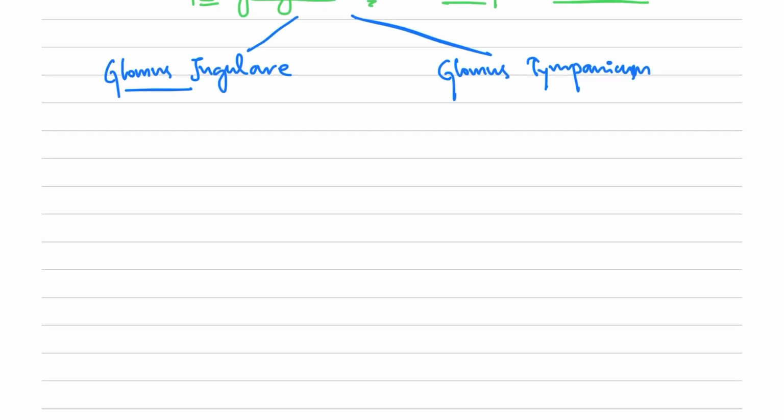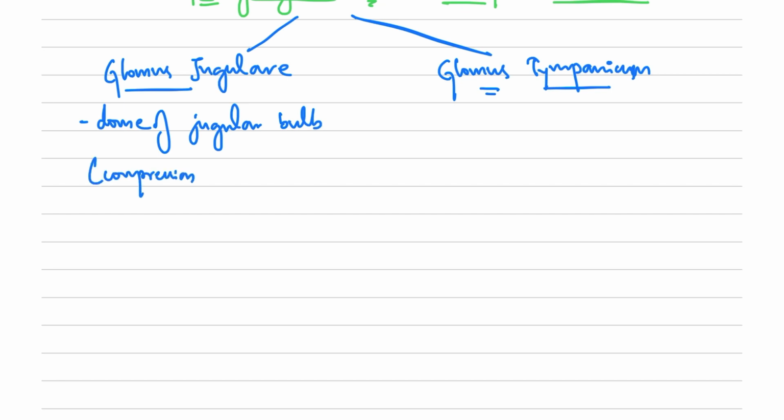Glomus jugulare arises from the dome of the jugular bulb, and this leads to compression of the 9th and the 12th cranial nerves. Sometimes it may also compress the jugular vein as well.